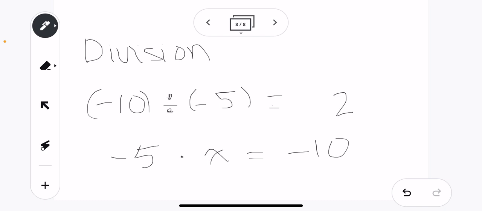Well, like I said before, this is a negative number, so that means this has got to be a positive number. Therefore, a negative divided by a negative is going to be a positive. This will be positive 2.